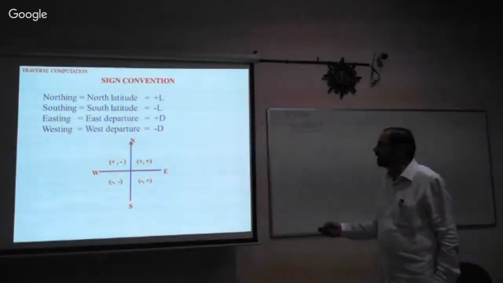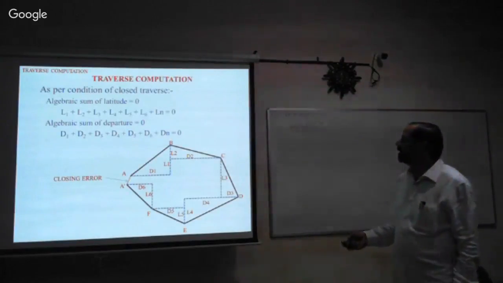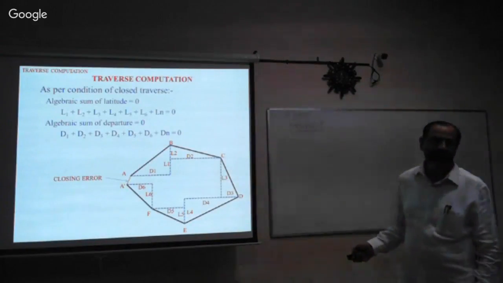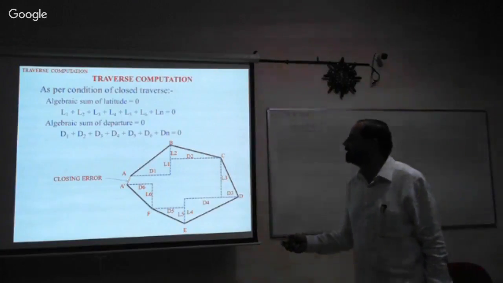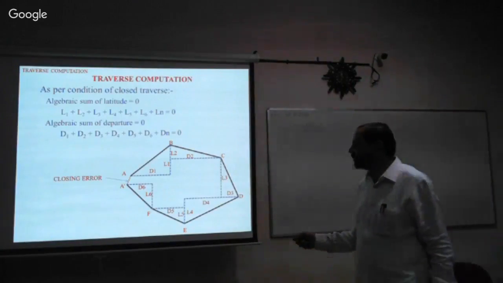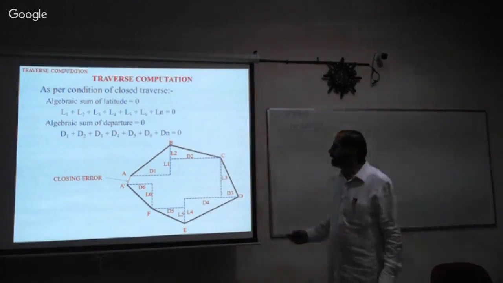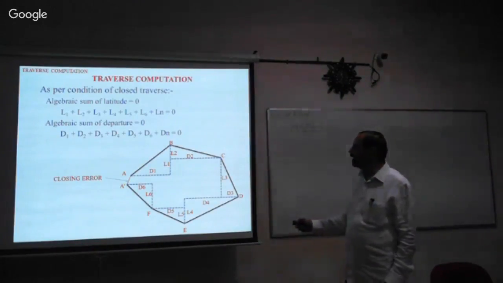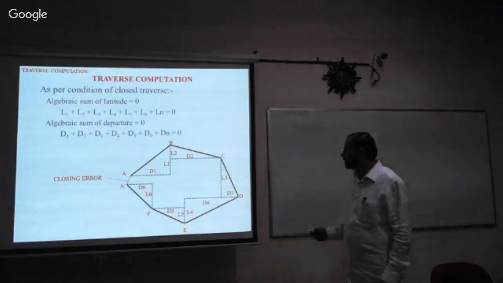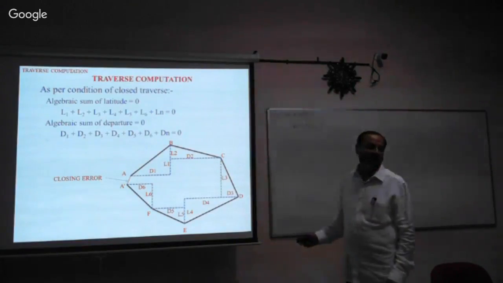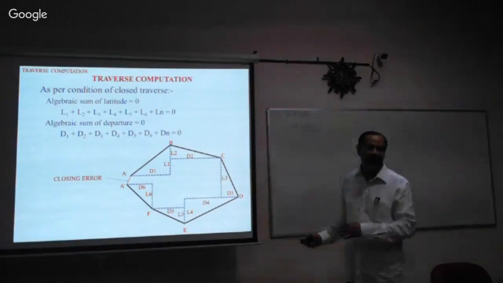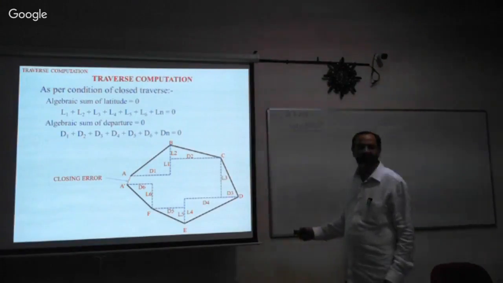The same thing we have written here again, and further, these are the conditions of a closed traverse. In any closed traverse, there are survey lines AB, BC, then CD, DE, etc. There are a number of survey lines, and each survey line has a latitude and departure.